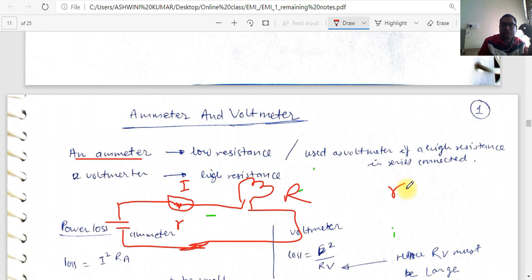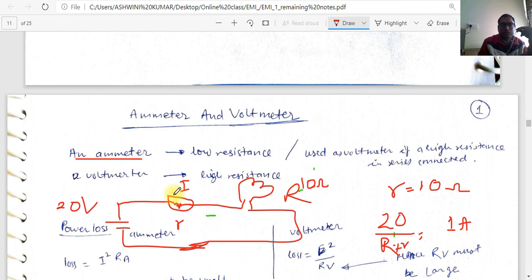If I fix R equal to 10 ohm, and the power source is 20 volt, the total current flowing in this circuit will be 20 divided by (10 plus small r), equal to about 1 ampere.